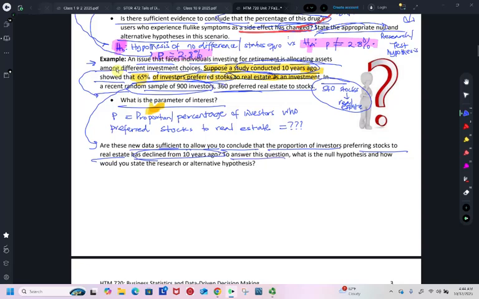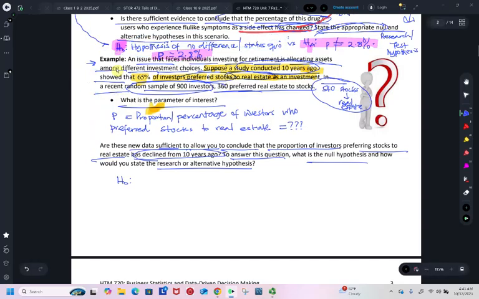Well, to answer this question, the first step using the methods of hypothesis testing is to determine your null hypothesis and your alternative or research hypothesis. The null hypothesis in this case must be the hypothesis of no difference from what it used to be 10 years ago. So what would that be?